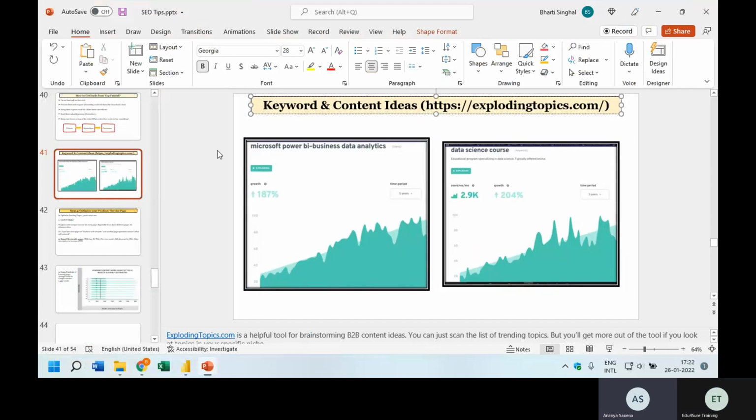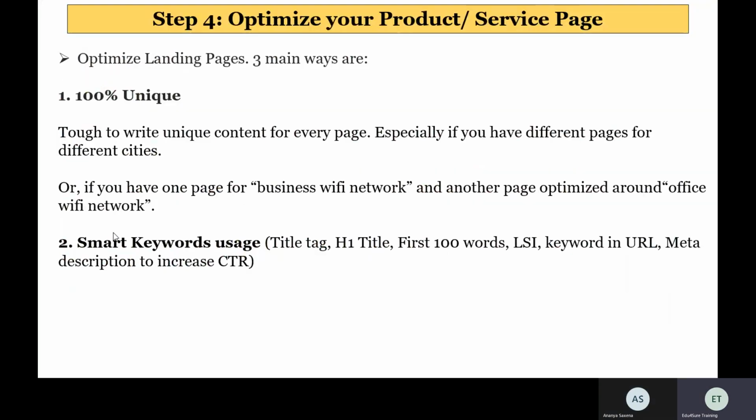If I enter mindfulness, it will show me what all related topics are there, like mindfulness coaching. You can see what kind of topics are discussed or not discussed, and what the growth is, and other topics.